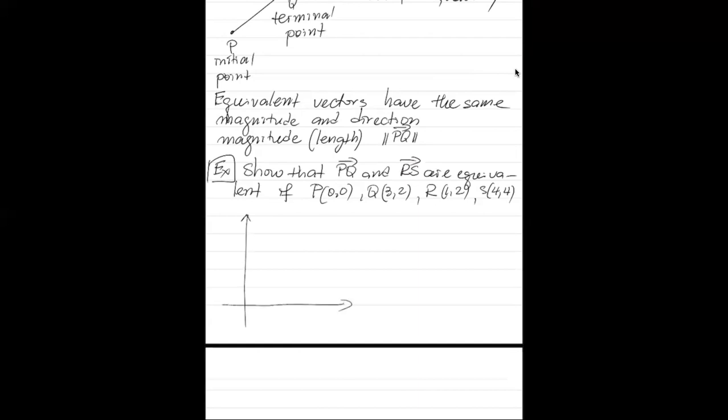Sketch those vectors. So P, the initial point, is the same as the origin, and Q is 3, 2. So this is Q, vector PQ, and R has coordinates 1, 2. So that's here, this is R, and S is 4, 4. So here.